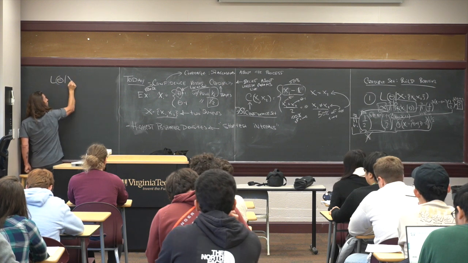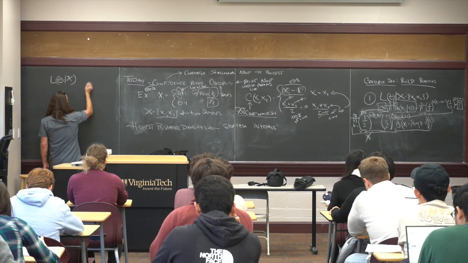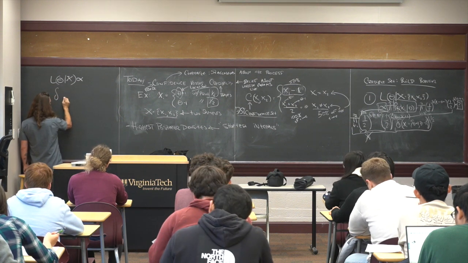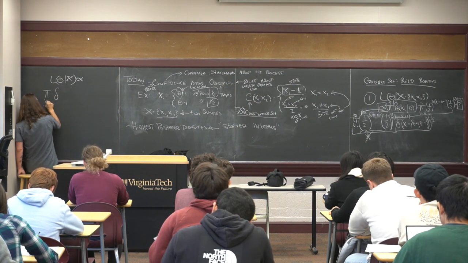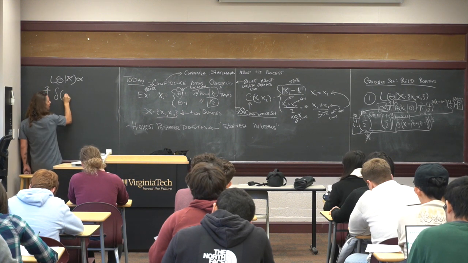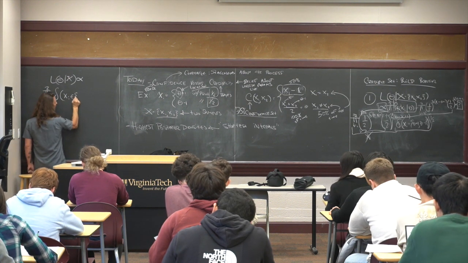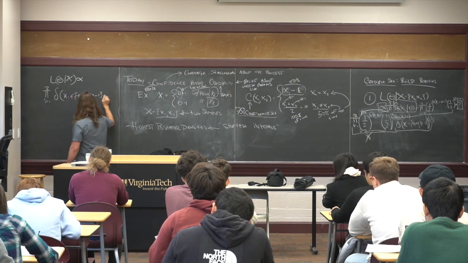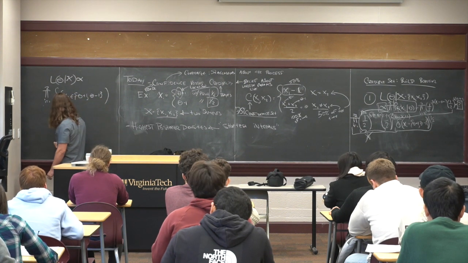Likelihood function. To rewrite it, proportional to the product of these two delta functions. I goes from 1 to 2. Xi is an element of these two things. Or I could rewrite it like this.